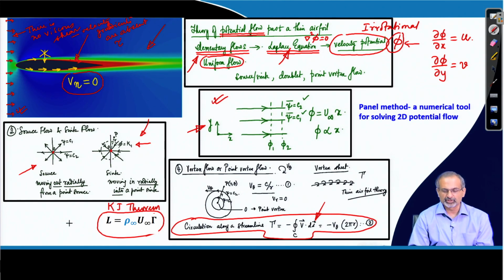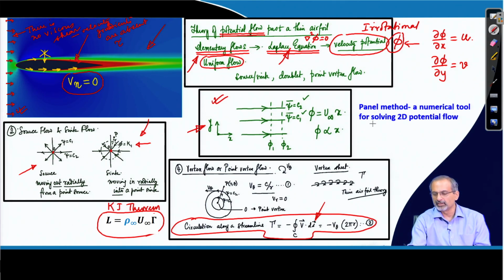So, if you are approaching the problem of solving flow past an airfoil using these elementary flows or their combinations, can you have a numerical model to solve the problem which goes beyond the thin airfoil theory, for example.